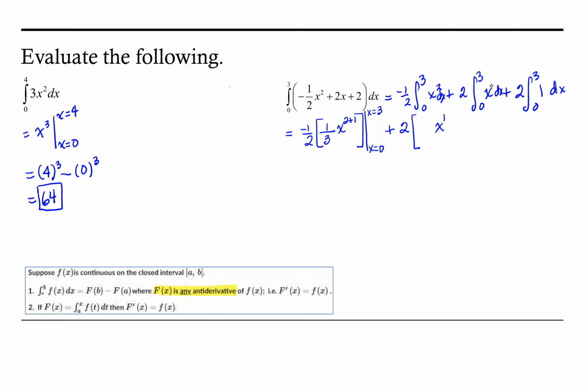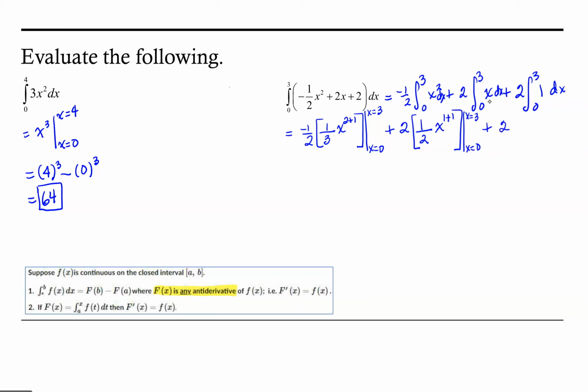So subtracting 1, we need to add 1 back in, and then multiply by 1 over that exponent. And notice we have x squared, and so the derivative of 1/2 x squared will in fact give us x. And we want to evaluate that between x equals 0 and x equals 3.